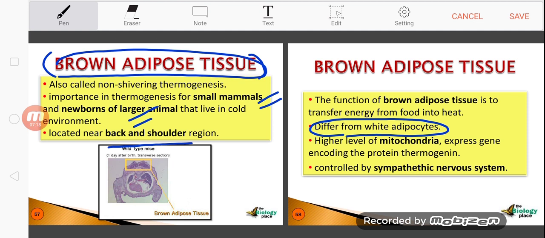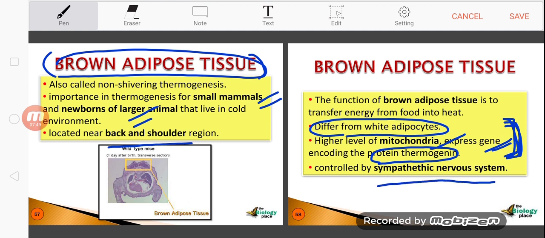BAT tissue has higher levels of mitochondria, and BAT tissue can also express its own gene, and this gene will encode for thermogenin protein. And the mechanism that occurs in BAT is controlled by the sympathetic nervous system.